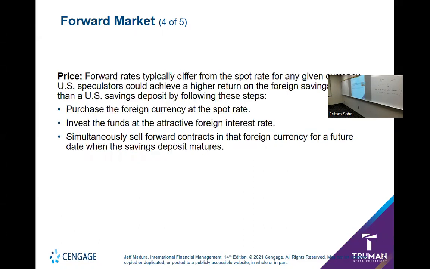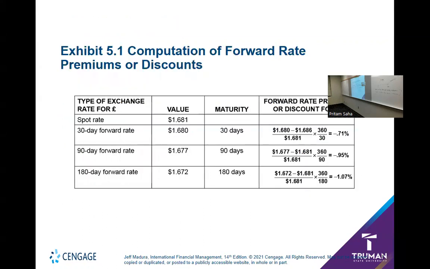We already talked about that, how forward price are determined. This is some basic example. So if this is the spot rate between US dollar and pound today, 30-day forward, 90-day forward, 180-day forward, what is the premium?